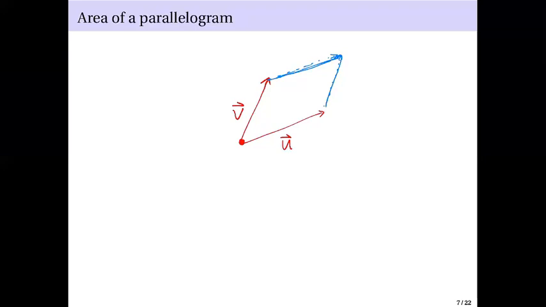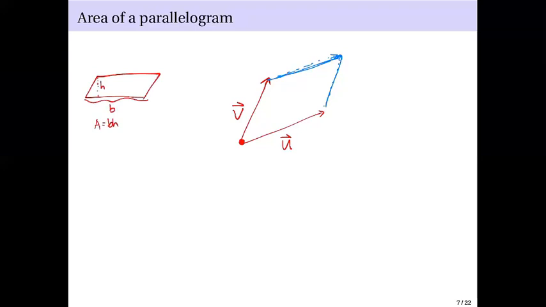Recall from your Euclidean geometry that if you have some parallelogram, you get the height here, and then you have the base here. And the area will be equal to base times height.